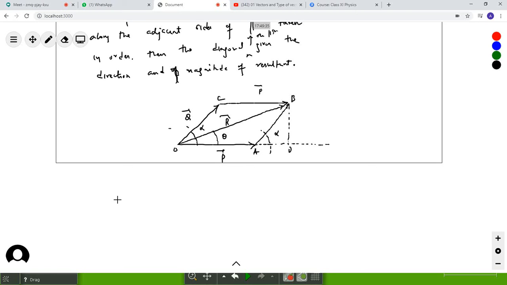Now what you can do, let the two vectors be represented along the two sides of the parallelogram.